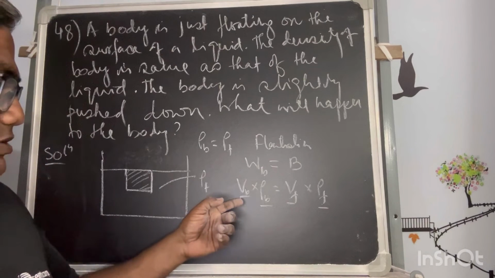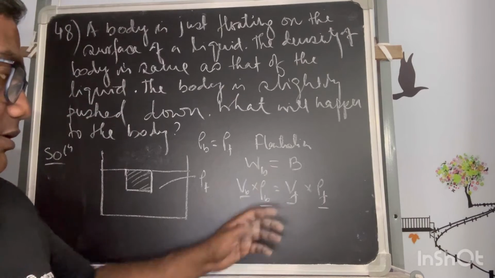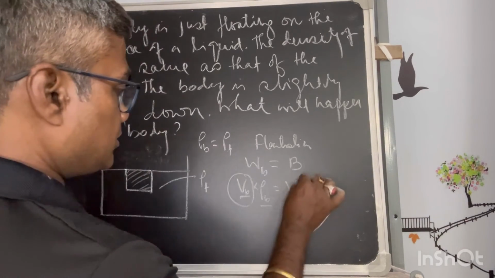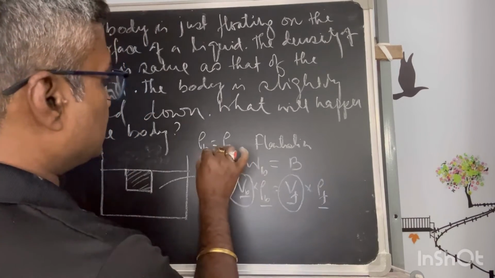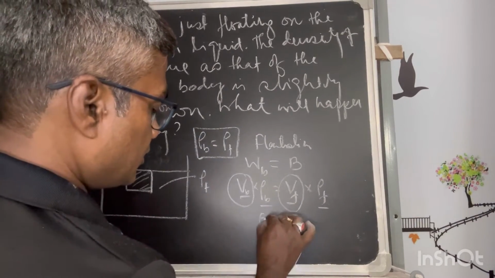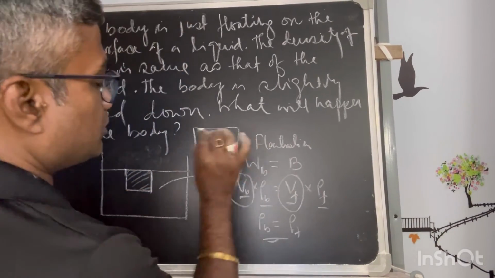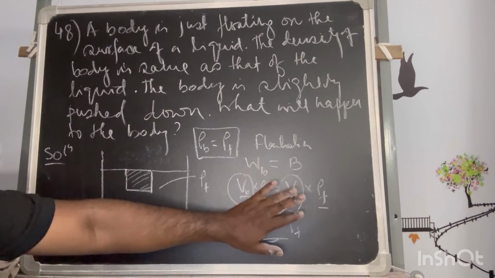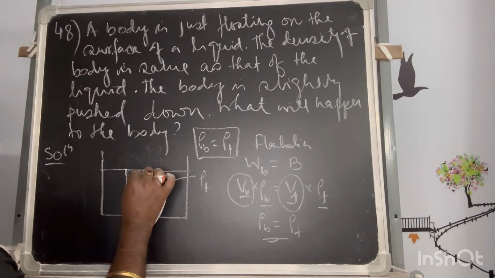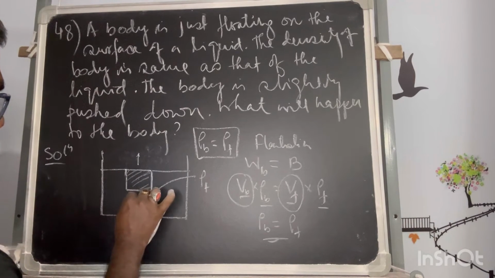So this is the case when the volume will be equal and the density, and even if it is not said from the principle, we can prove it is same. So in this case, this and this are same. Now there is no residue force which will move it up or down.